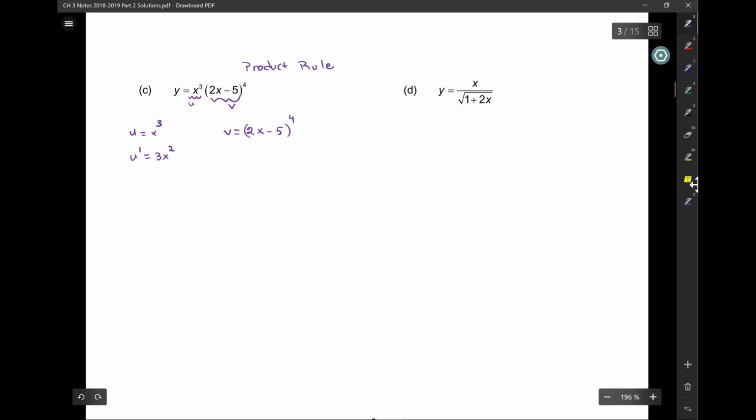That's easy, right? That's what our biggest problem was before. Here we're going to do chain rule. So v prime, 4 comes down, (2x minus 5) to the power of 3 times 2. And let's simplify that so that v prime is 8 (2x minus 5) to the power of 3.